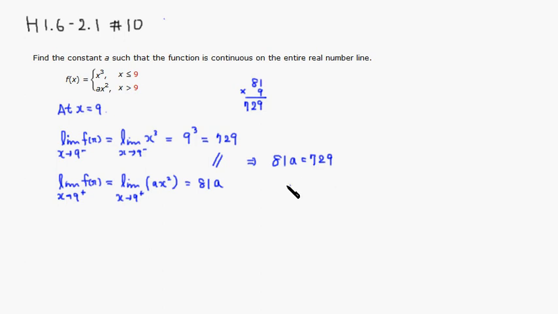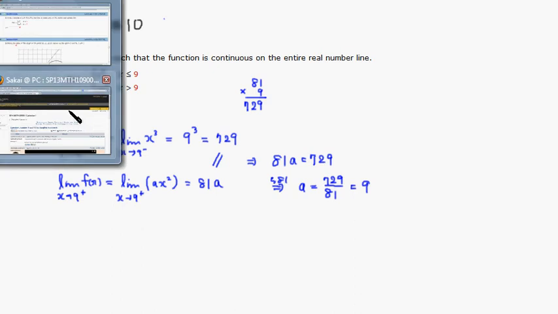Then if you divide it through by 81, we can find a. 729 over 81, that's going to be, oh, actually just going to be 9, right? 9. Right, so that's it. So a is going to be 9.